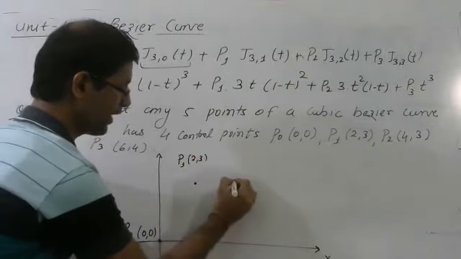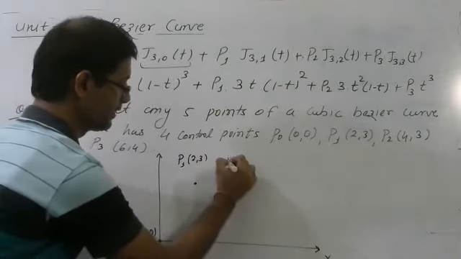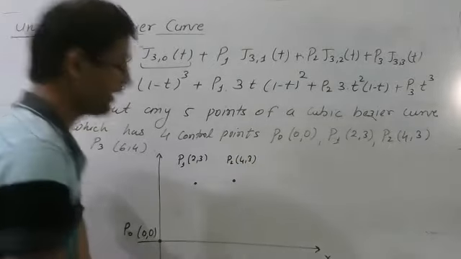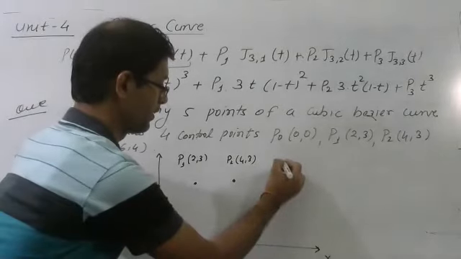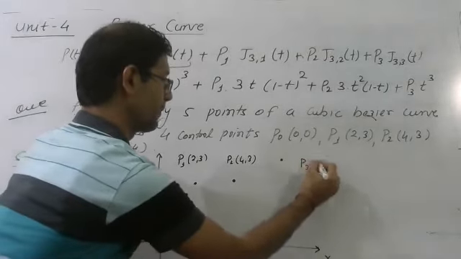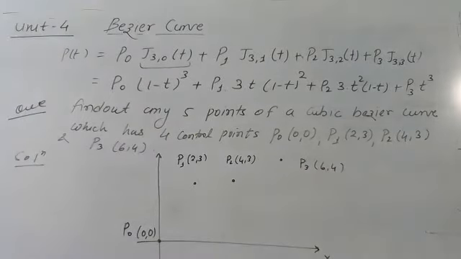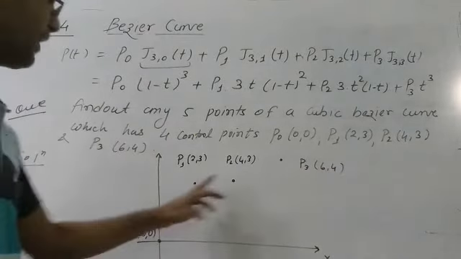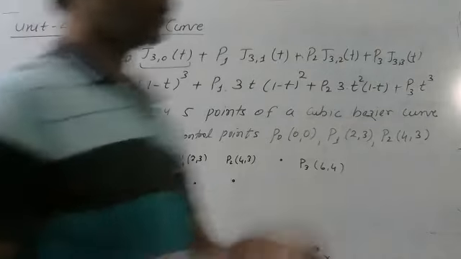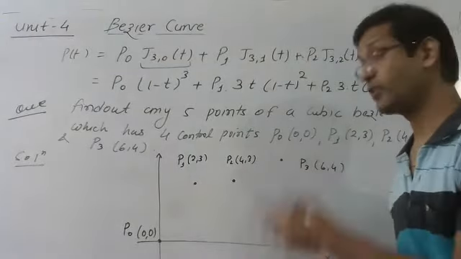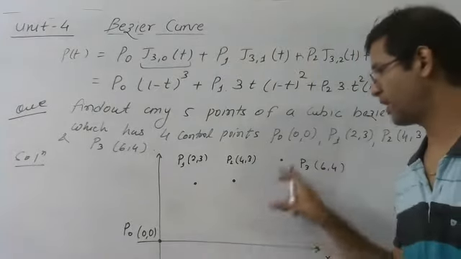The third control point is (4, 3), suppose it is here. And the last control point is (6, 4), suppose it is here. There are four different control points P0, P1, P2 and P3 which control the curve, which is responsible for the shape of any curve. You need to find out this curve.